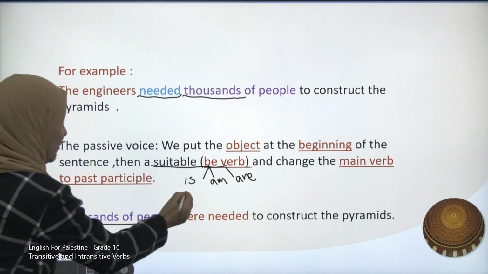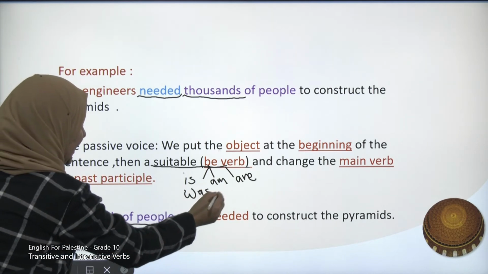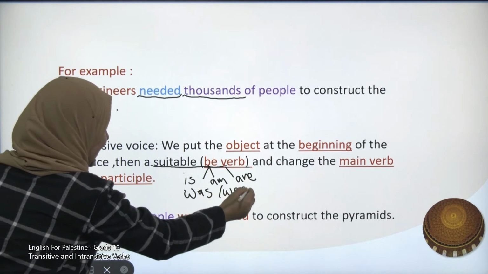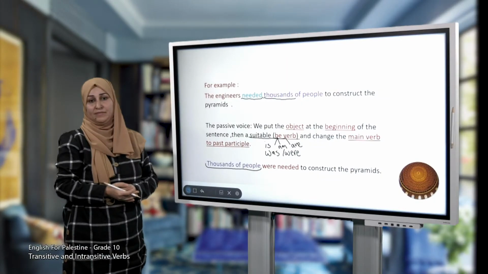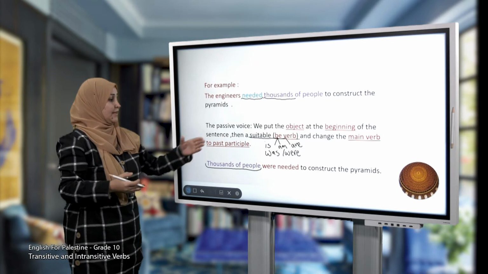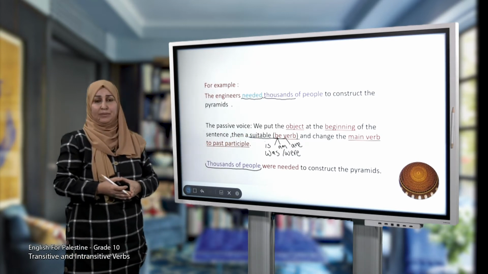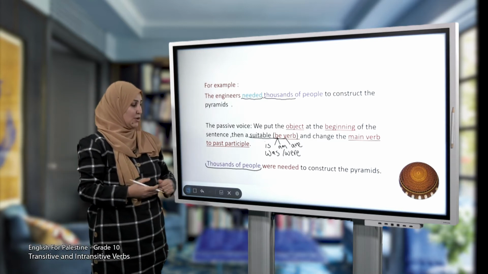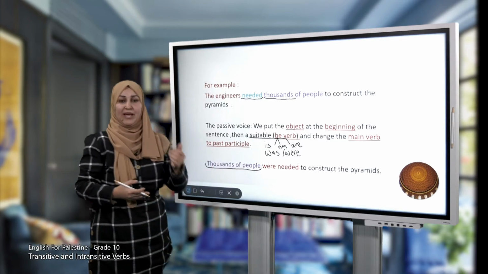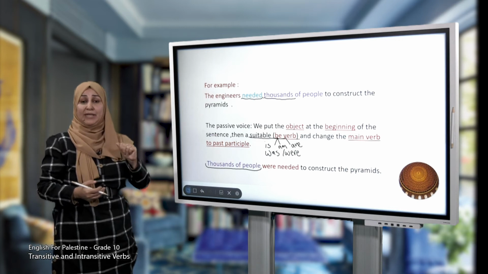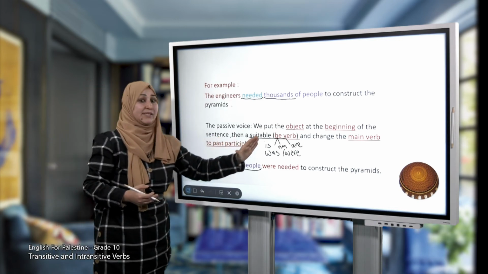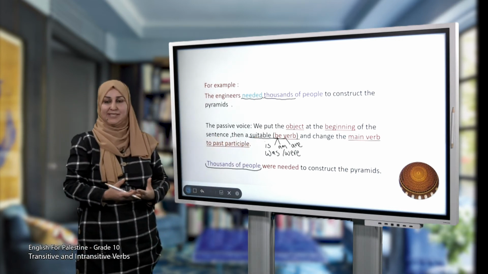Then we have was and were as past verbs. Then we change the main verb into past participle. But in this sentence, which one do we need? We have 5 members of the be family. Which is the most suitable one for my sentence?